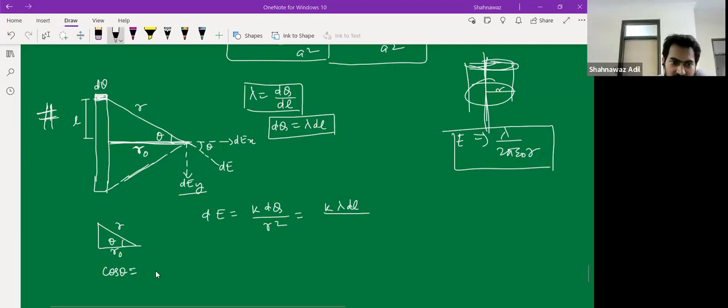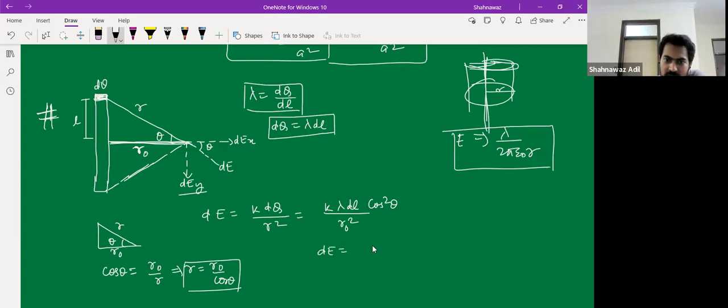R naught by R, right? So R is R naught by cos theta. So R square would be R naught square by cos square theta. Clear up to this point, guys?